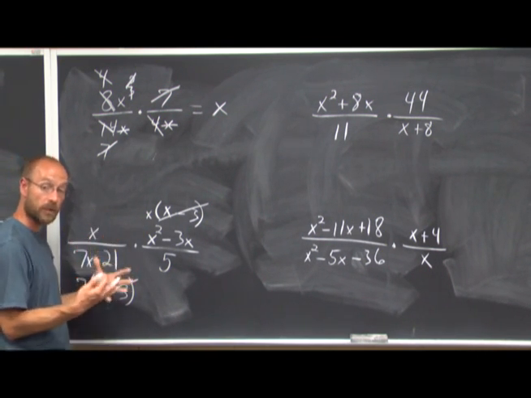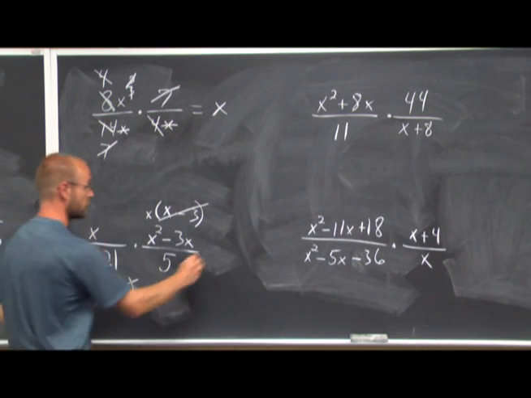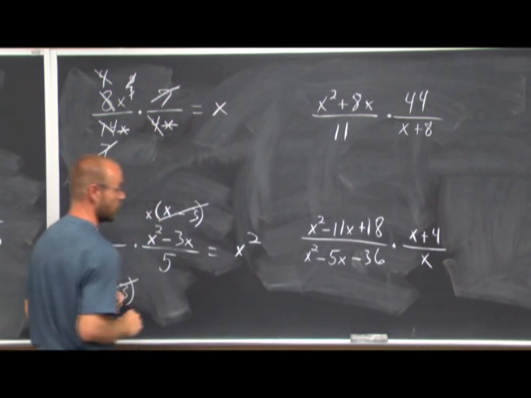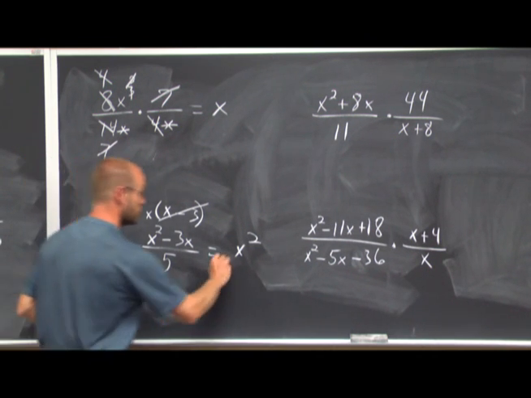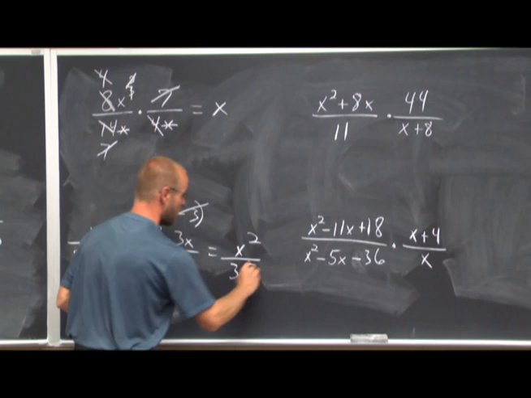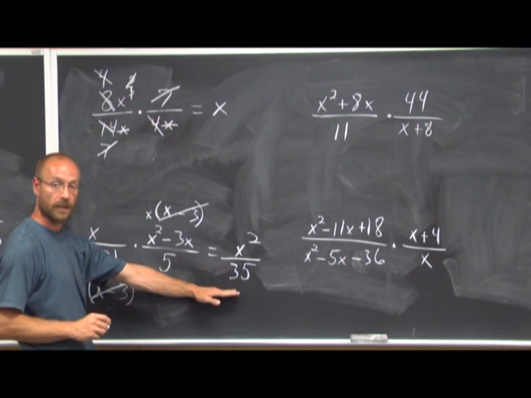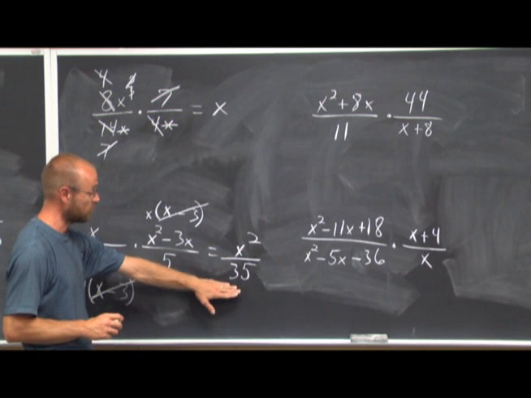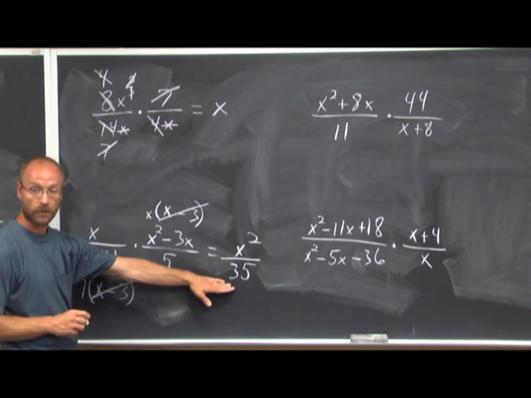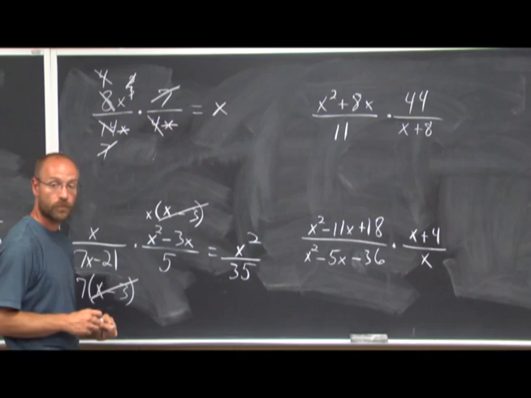So I just have to reassemble it. x times x, x squared. 7 times 5, 35. And as we can see, we can just double check, does anything else reduce here? x's do not cancel numbers, so it is what it is. We have x squared over 35.